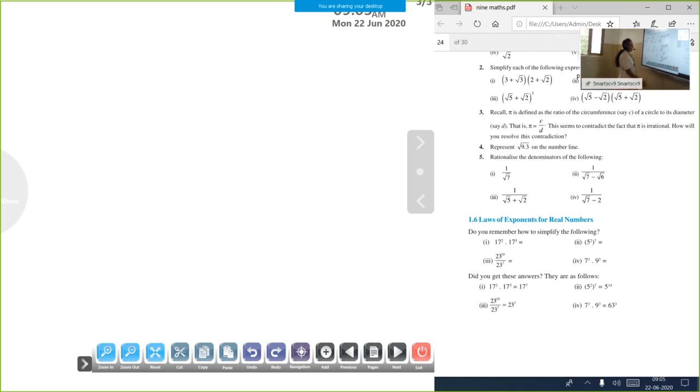One more question like that. 6 raised to 2 into 6 raised to minus 3. Here also we need to multiply the numbers. Using the formula, you write only one base, 6, and then the powers 2 and minus 3. No need to write plus minus, it is addition. We know that. We need to add both the powers.